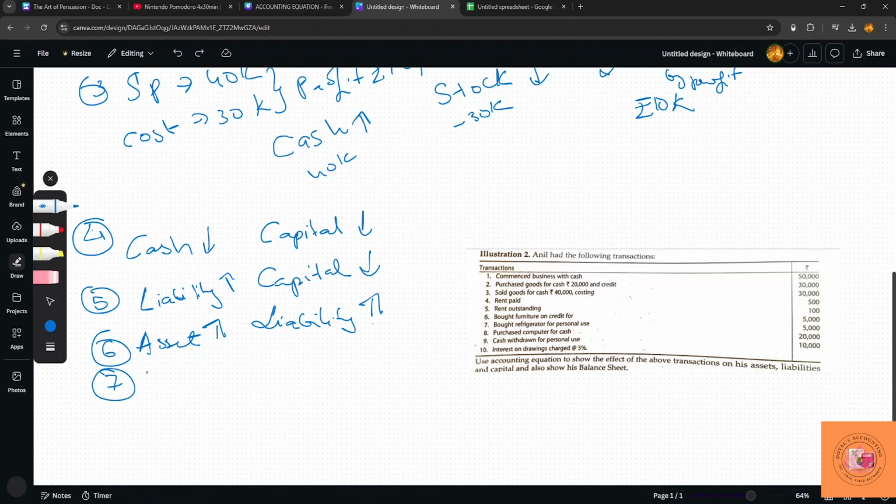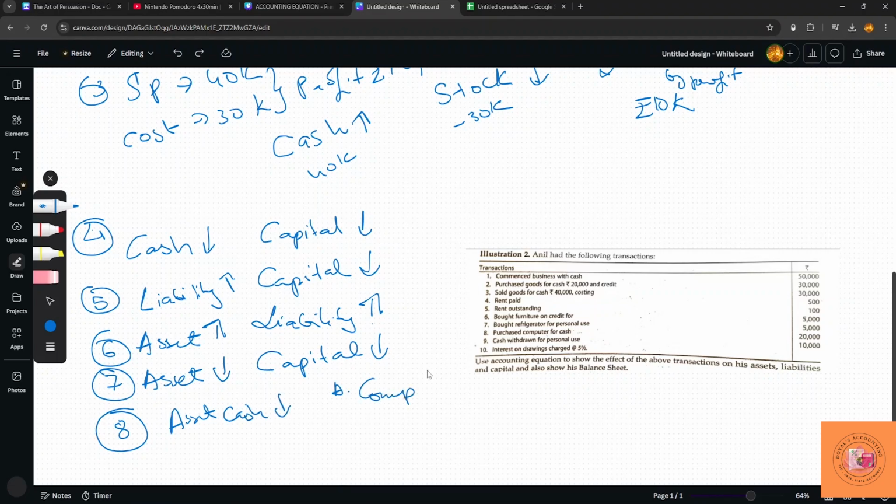So assets will reduce because we have spent cash, and our capital will also reduce because it is a drawing. Next, we have purchased a computer for cash. Now we have acquired a new asset. So cash will reduce and asset computer will increase.